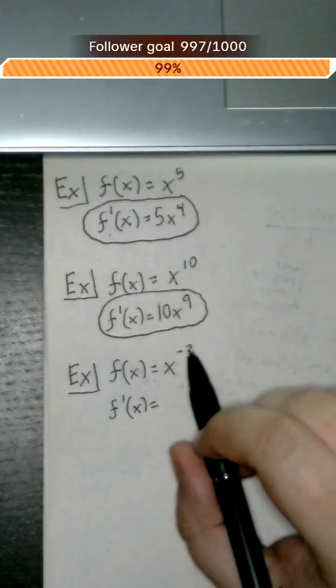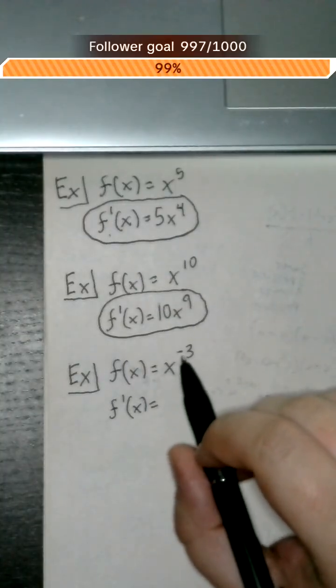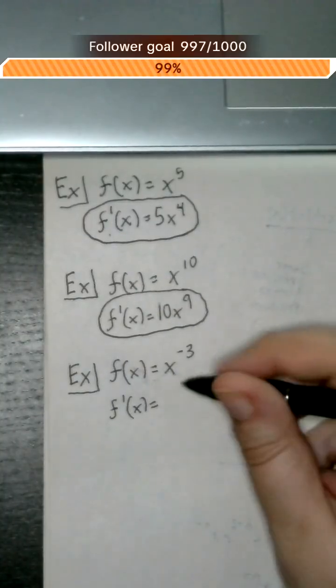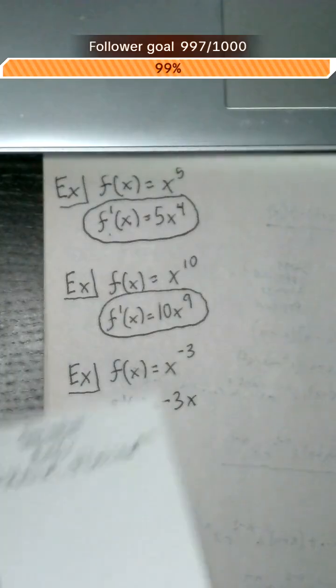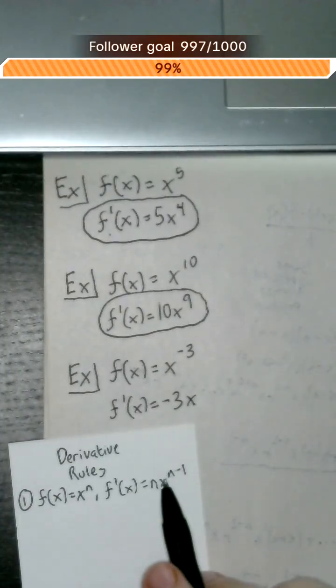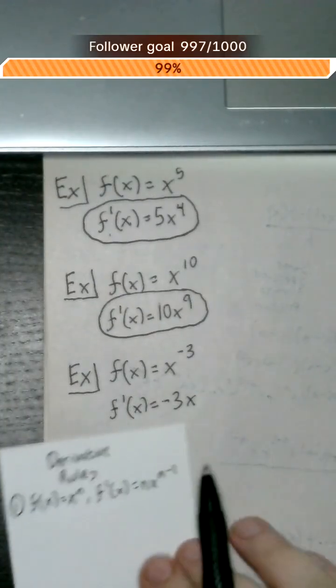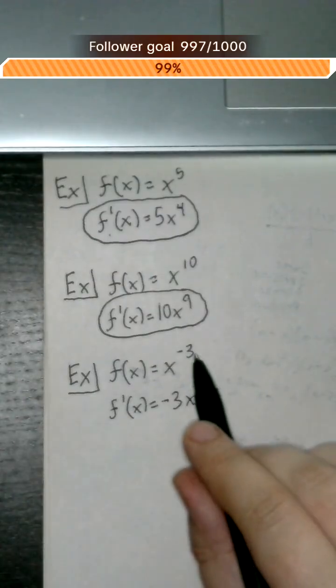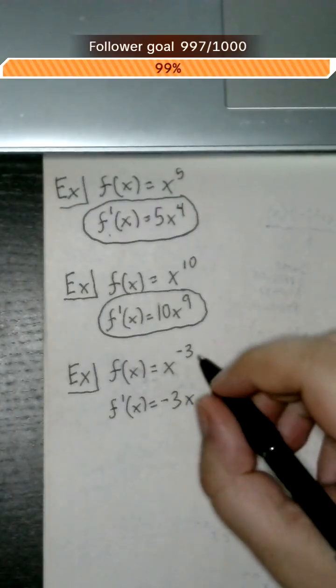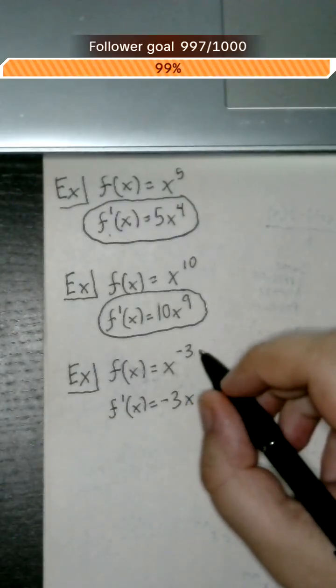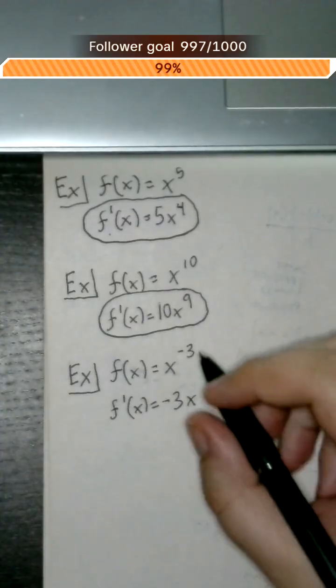So here's what we're going to do. Ready? I'm going to take this negative 3 and move it out front, as I did before. And remember, what does the derivative rule say? The derivative rule says subtract 1 from the exponent. So when I subtract 1 from negative 3, it's the same as if I were adding 3 plus 1 and then slapping a negative sign on it.